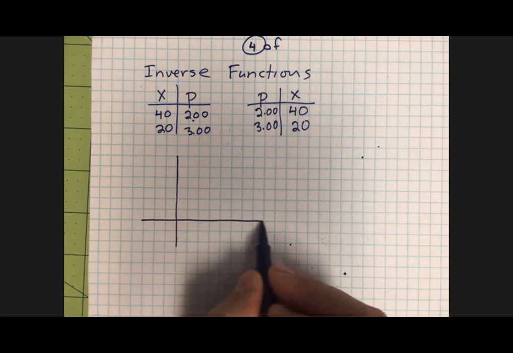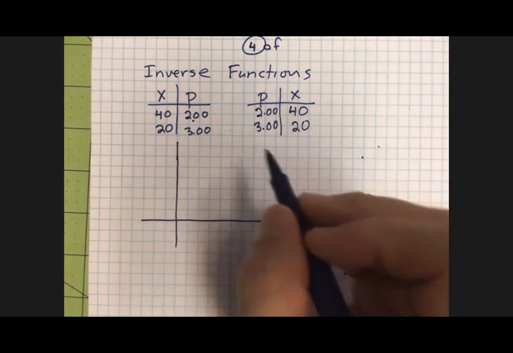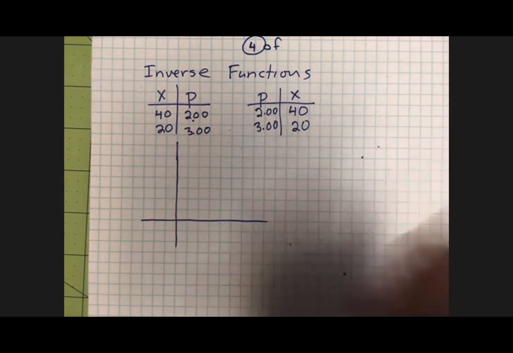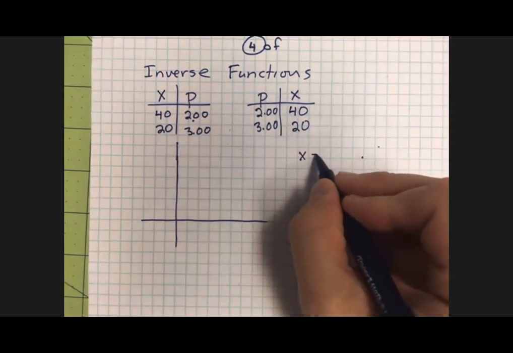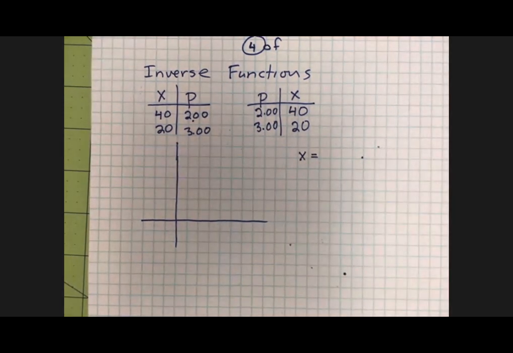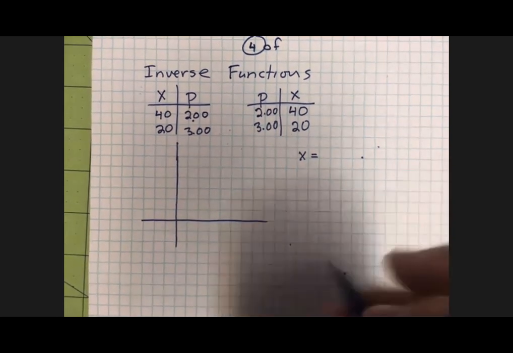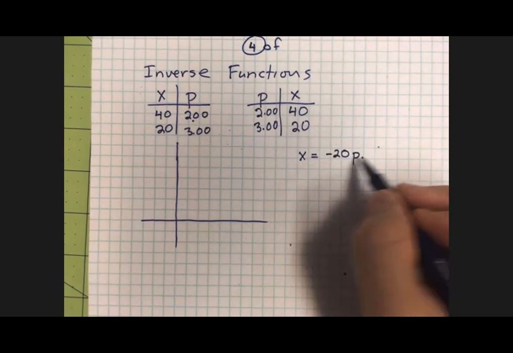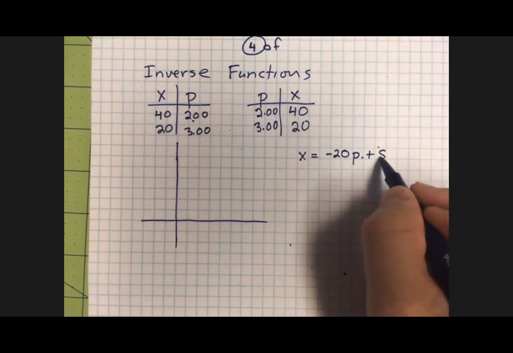Now, I constructed a formula in that example we did that said X is equal to minus 20 times P plus 80.